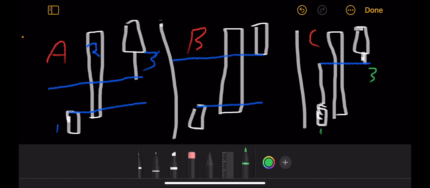If we take the top of candlestick 1 and go all the way across, it touches candlestick 3. Now, B, if we take candlestick 1 and go all the way across, it doesn't touch candlestick 3. So all this is the gap.